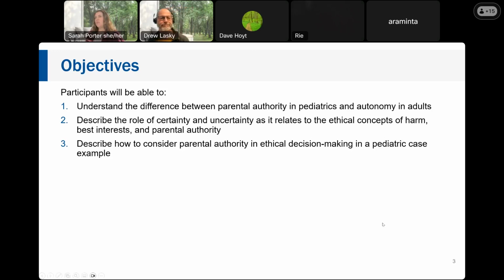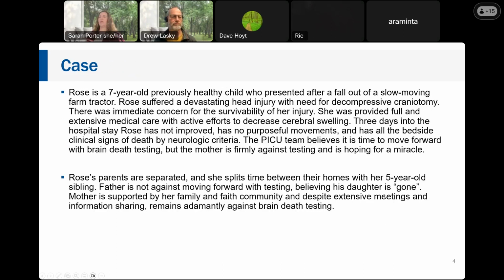Drew, I'll let you read our case. I gotta figure out how to click. There we go. But I will just say that Drew and I made a conscious decision to pick a case around death by neurologic criteria, which is a hot topic for pediatrics. It's largely discussed and debated across the country for our colleagues. And we're going to take a different look at it when we look specifically at the testing question.